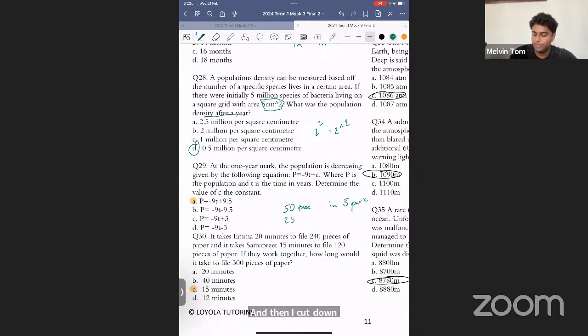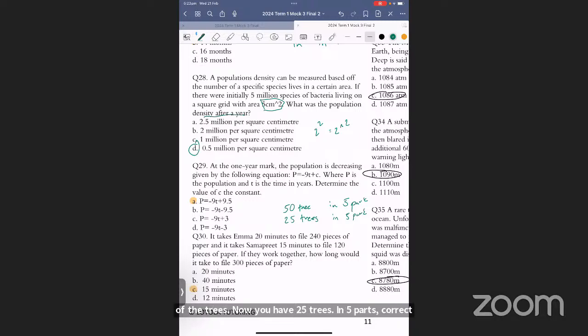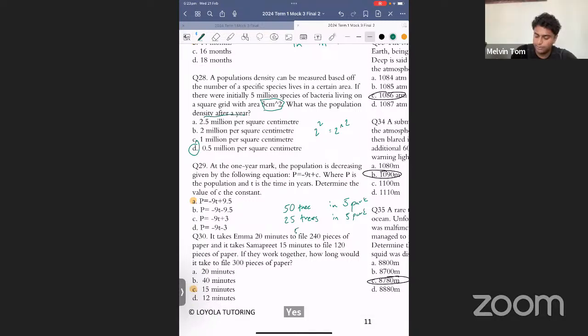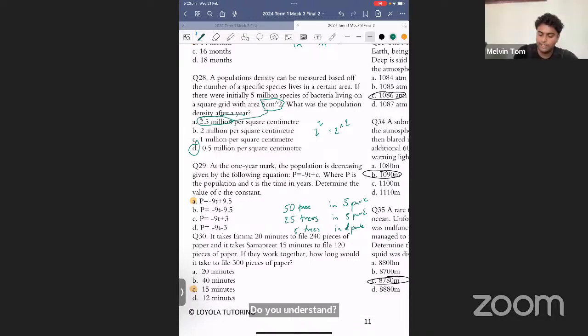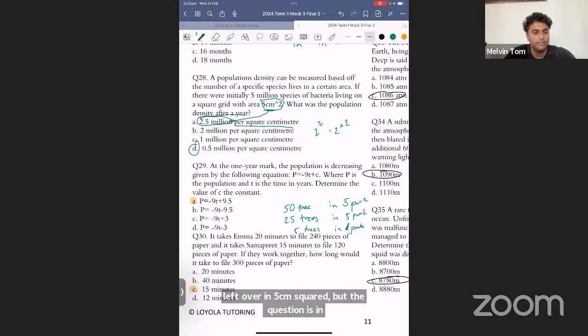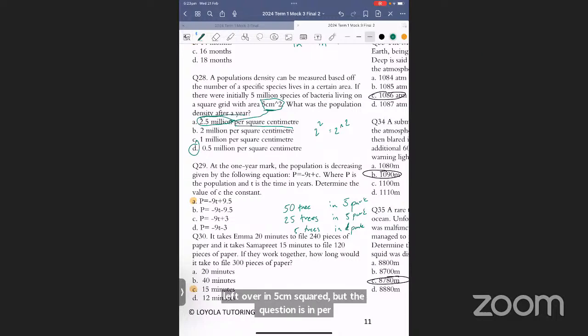Now you have 25 trees in 5 parks, correct? Then I ask how many trees are in each park. You would say 5 trees in each park. There's 2.5 million currently left over in 5 centimeters squared, but the question is per square centimeter. I understand now. Thank you.